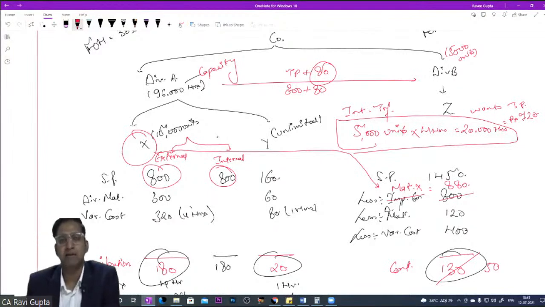But yes, when they have transferred at 800 rupees, this 80 rupees will be incurred by division B for the enhancement.